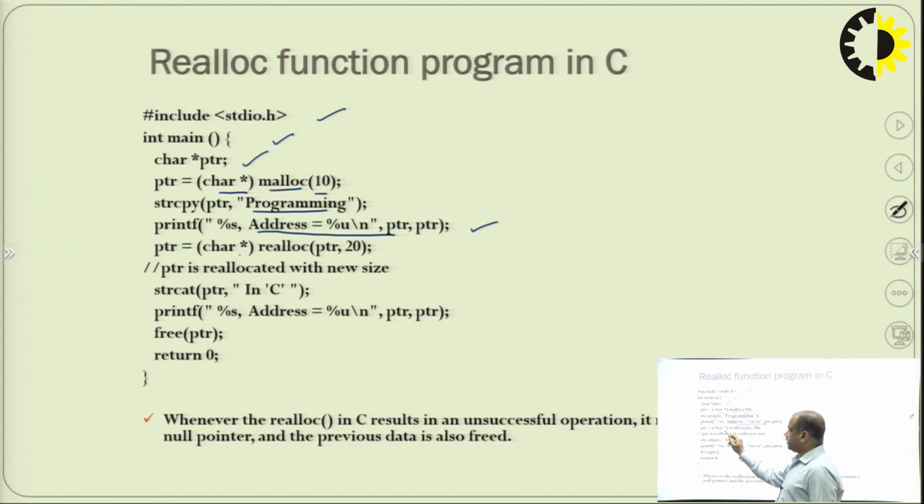After the printing, we are going to reallocate, and the new size we are going to provide is 20. After the 20 is given, we again use the strcat function, meaning string concatenation, where the ptr can hold these six characters also.